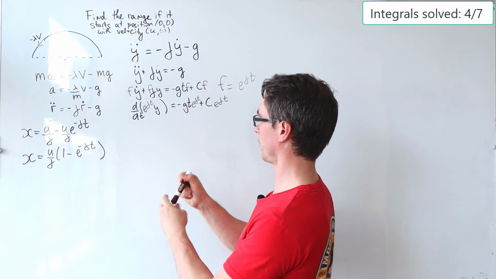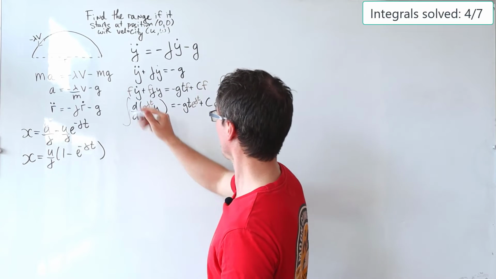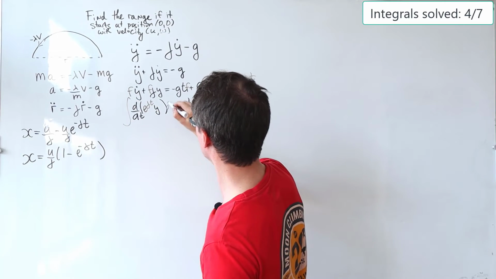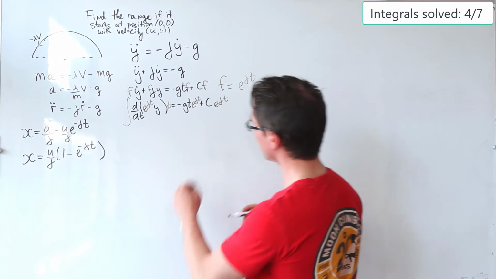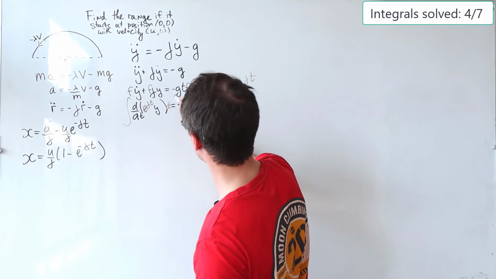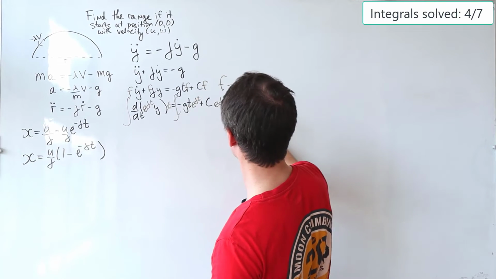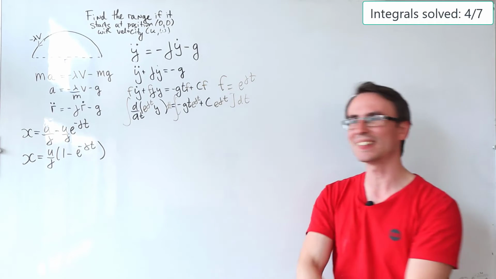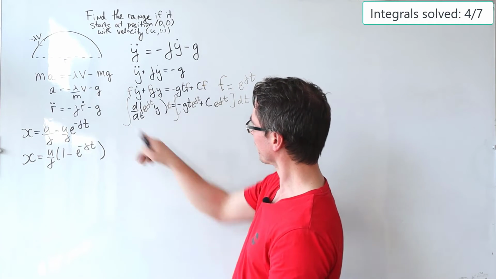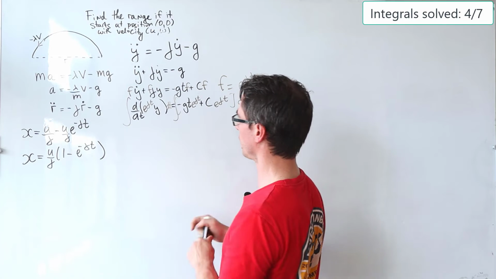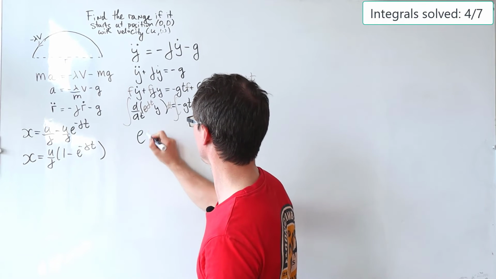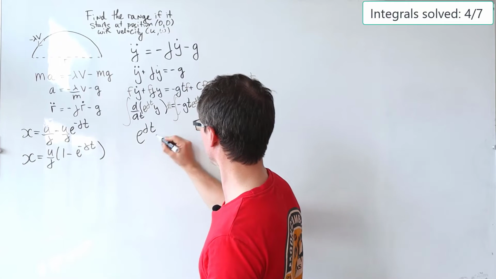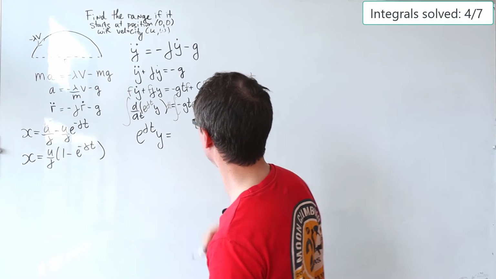So let's choose a different color for the integral sign. We're going to have the integral of this side with respect to t, and then the integral of this whole thing, let's add in some brackets, with respect to t. Okay, let's tackle yet another integral. So on the left hand side, we have the integral of the derivative, which is just going to give me e to the gamma t multiplied by y.